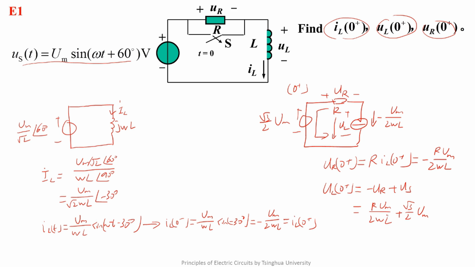You can find that even though we are asked to find 0 plus values, we need to find the 0 minus value for inductors. And in order to find the 0 minus value for the inductor, we need to solve the steady-state circuit before switching. That is, we need to solve the SSS circuit before switching. So we combine the SSS and time domain analysis for dynamic circuits together.